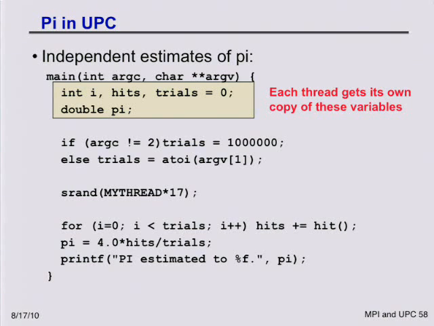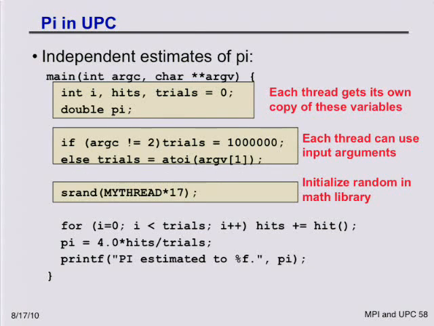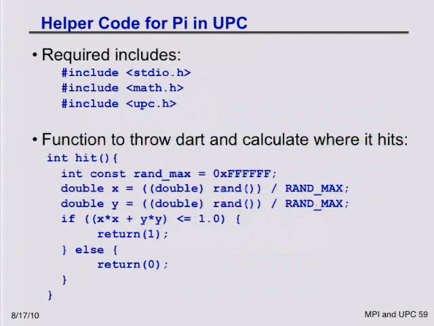Each processor gets its own copy of the variables, as it would in MPI, and can use the same input arguments and so on. There's a little bit of helper code in here, which just does some serial computation for the pi calculation to figure out where the random numbers are sitting.